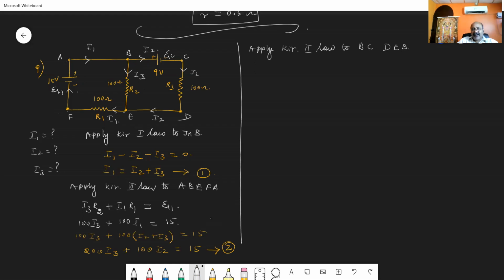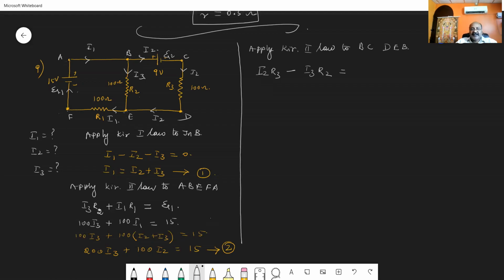C to D, you have R3 and current I2, so I2 into R3 along the same direction of current, so this is positive. When I am moving from D to E, there is no resistance. When I am moving from E to B, the path is opposite to that of the current, so minus. The product is I3 into R2, equal to the total EMF.